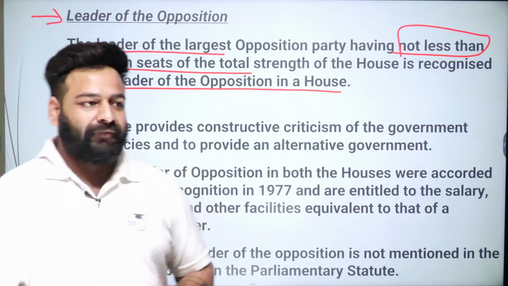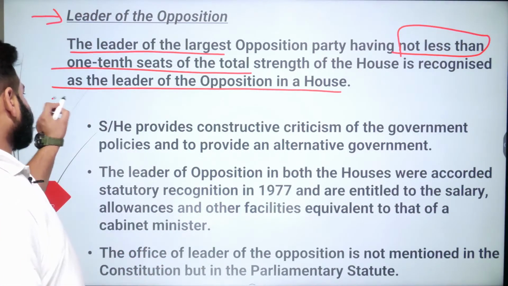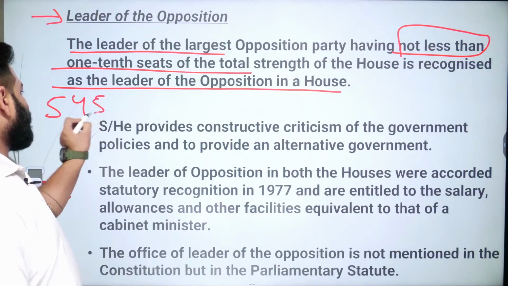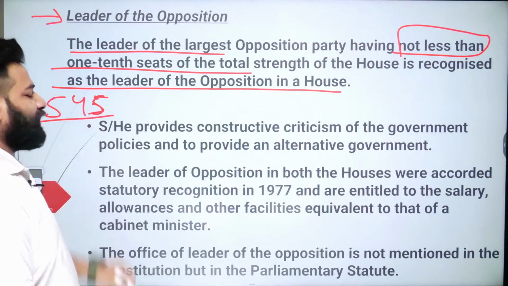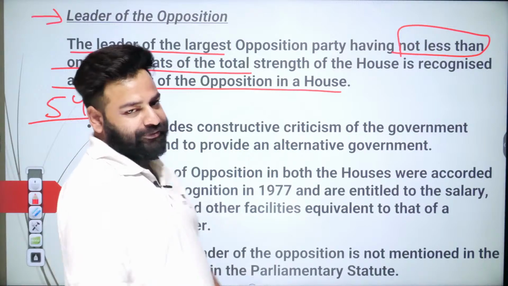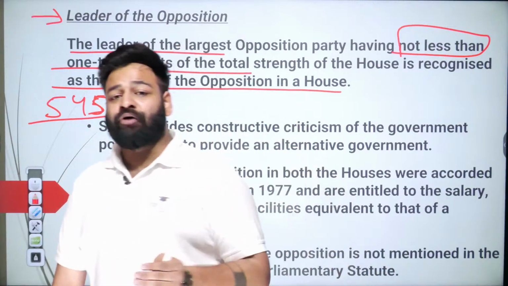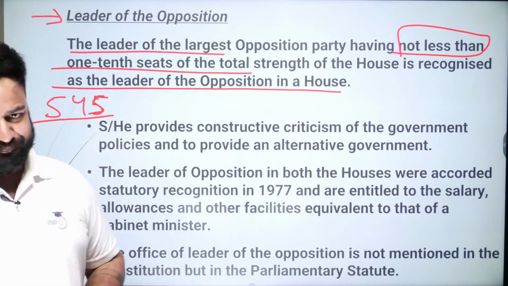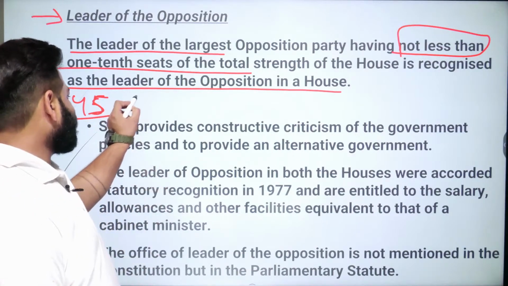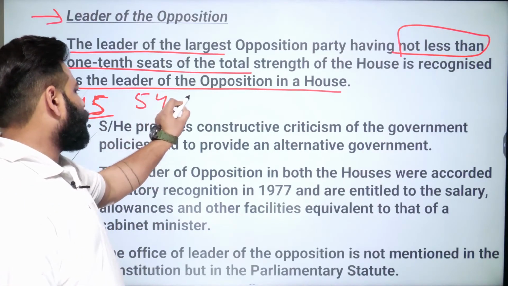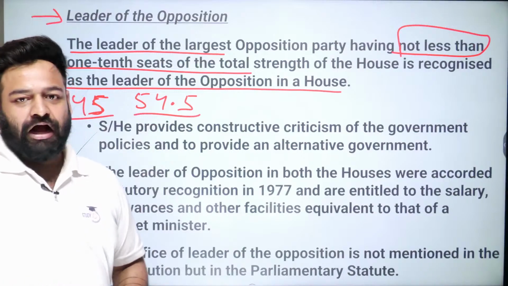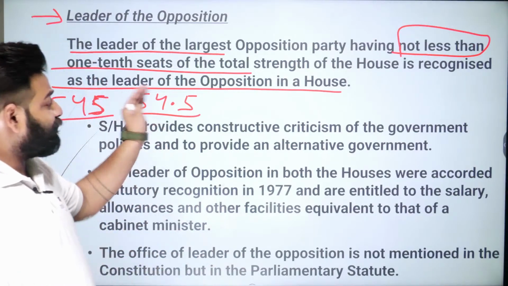See, make it clear. Let's say, exactly, we have got 545 seats as of now presently in the Lok Sabha, right? So out of this 545 seats, 1/10 is 54.5. But how am I going to justify this figure 54.5?